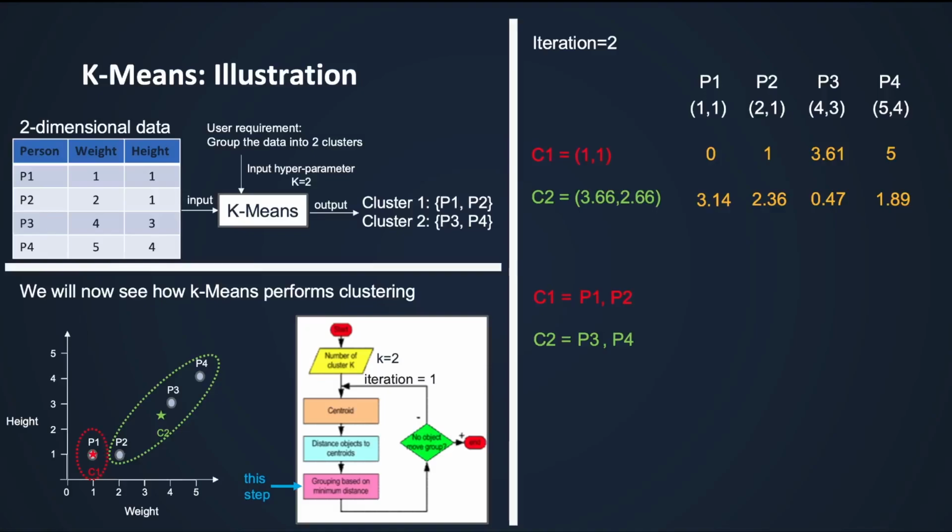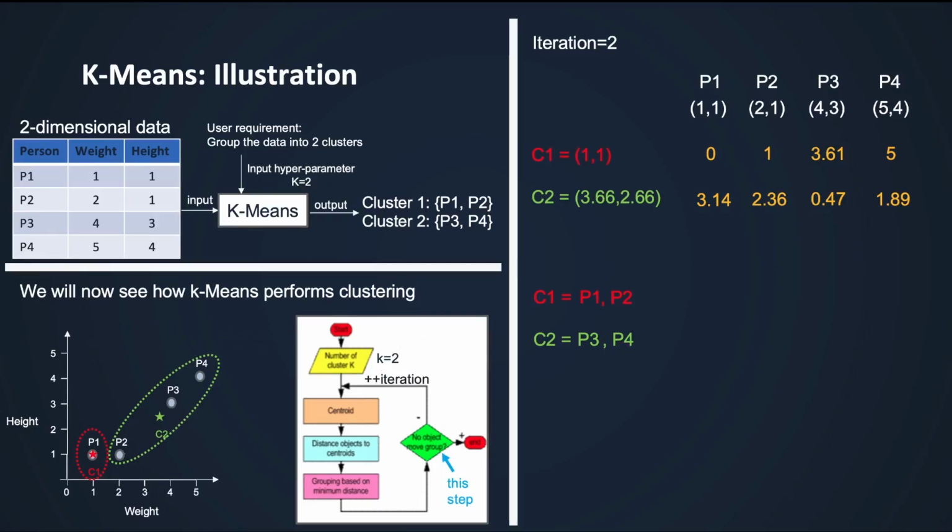Next, we assign the objects to the centroids based on their proximity. So, P1 and P2 are assigned to C1 while P3 and P4 are assigned to C2.